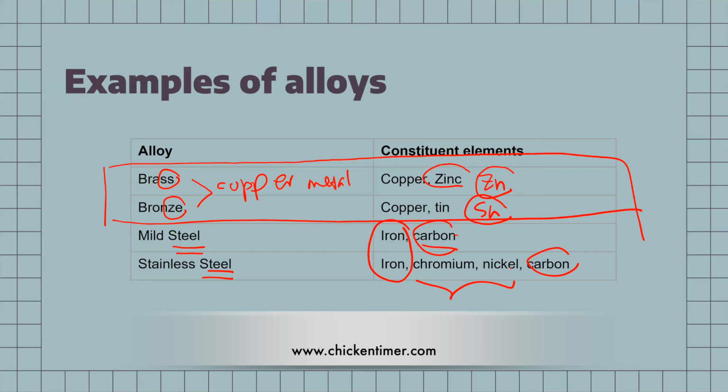So it's impossible to remember all combinations of alloys. So we will just remember the main ones that you always see in your exam. The rest you can just refer to. Impossible to memorize everything. Okay? I suggest remember these four.